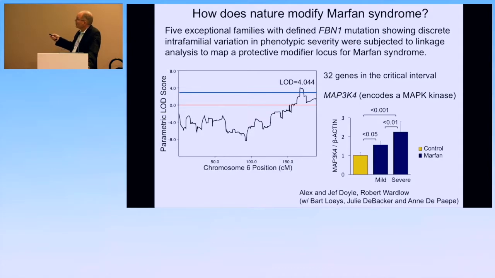It's a gene called MAP3K4, and it encodes a protein that activates mitogen-activated protein kinases, such as ERK and P38. When we looked at Marfan patients who were mild and compared them to those who were severe in relation to the level of expression of MAP3K4, we saw that there was significantly higher expression in those that showed the severe phenotype.